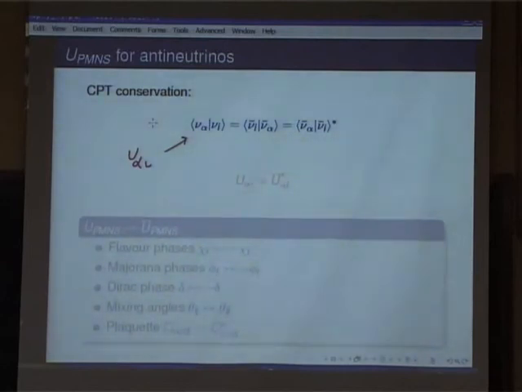This means that nu I to nu alpha is the same as nu alpha bar to nu I bar. So I change particle to antiparticle and I change the time reversal. Okay, so particle to antiparticle is CP and time reversal is T. So CPT tells me that this is true. Okay, this is nu alpha bar to nu I bar.